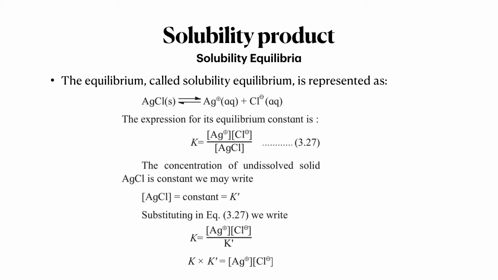The solubility equilibrium is represented as AgCl in equilibrium with Ag plus plus Cl minus. Since not all the AgCl molecules are dissociated into ions, we represent it with a double arrow.